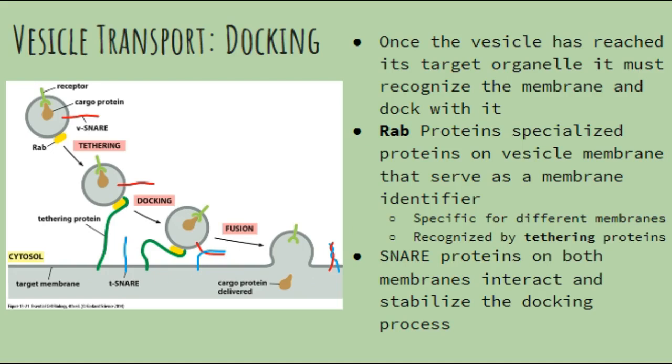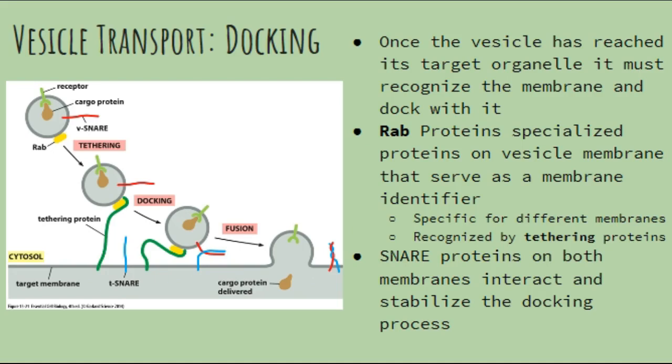The next step in vesicle transport is vesicle docking. So once the vesicle is made and has reached its target organelle, it must recognize the membrane and dock with it. Rab proteins, which are shown in the picture as yellow, are specialized proteins on vesicle membranes that serve as the membrane identifier.